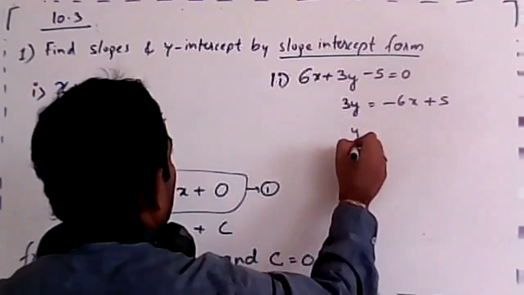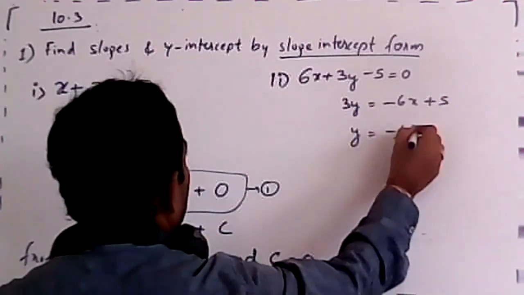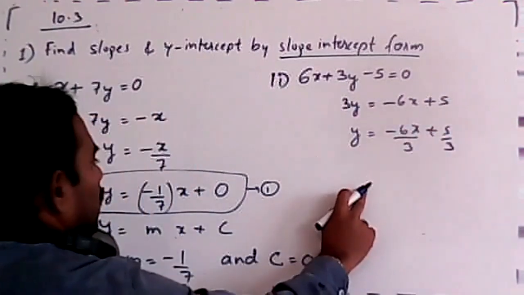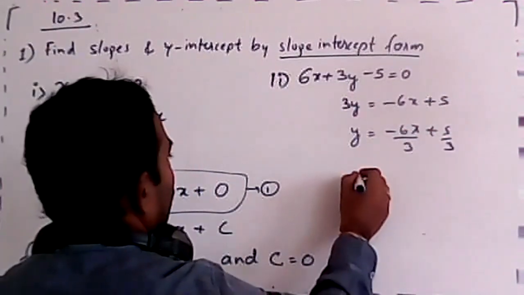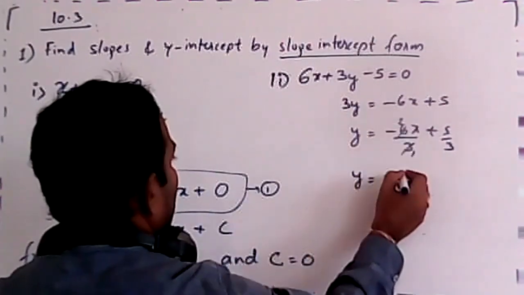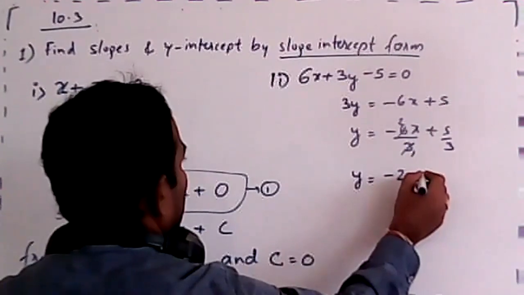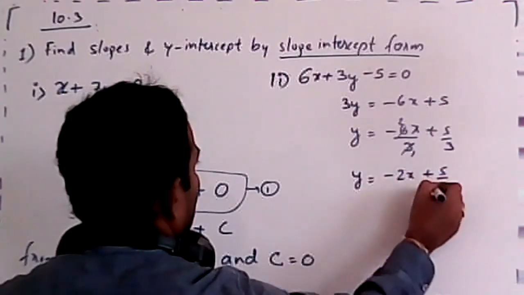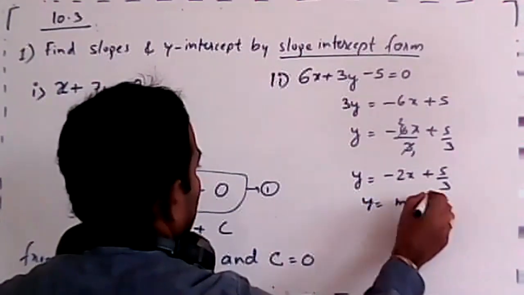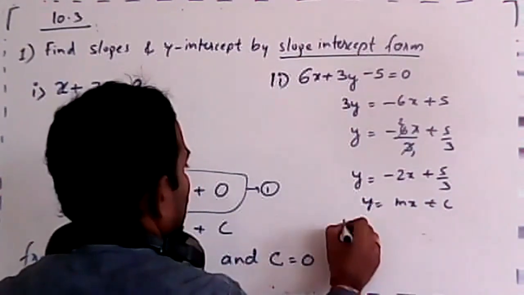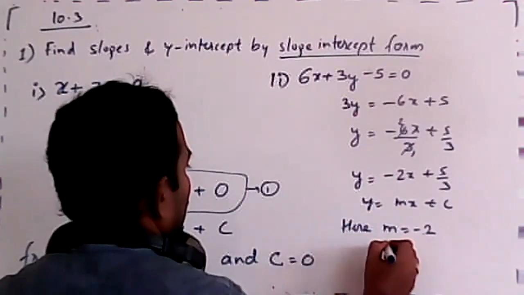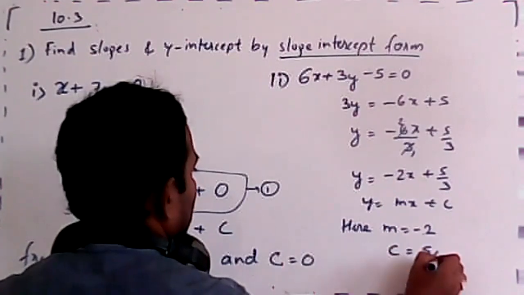I want only y, so y is equal to minus 6x by 3 plus 5 by 3. Then y is equal to minus 2x plus 5 by 3. Now it looks like y is equal to mx plus c. Here m is equal to minus 2, and c is equal to 5 by 3.